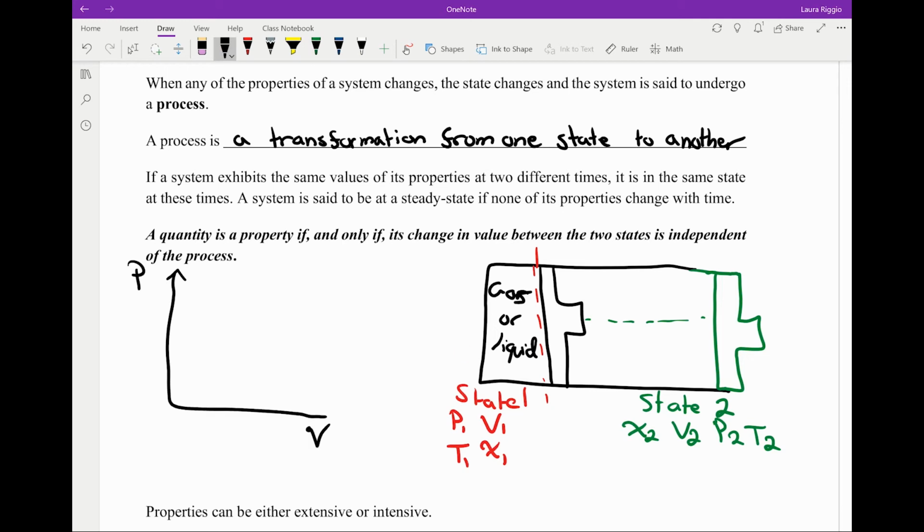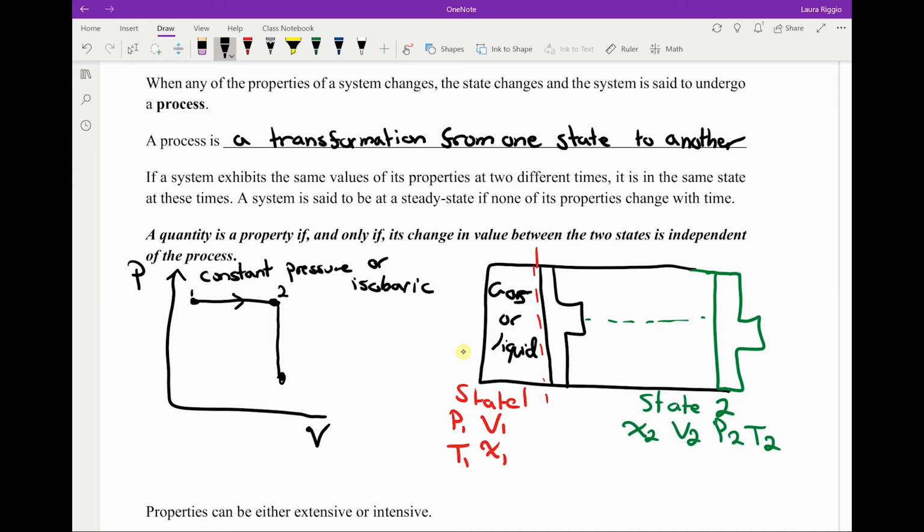So I'm going to make a graph of pressure versus volume to show you some different processes. A horizontal straight line is constant pressure, which is called isobaric.